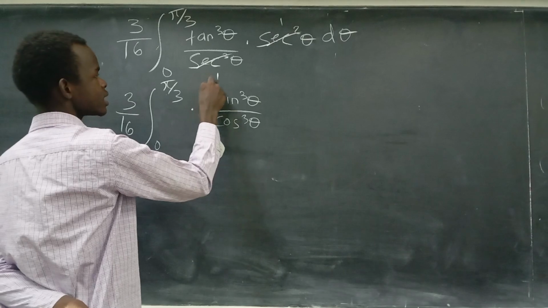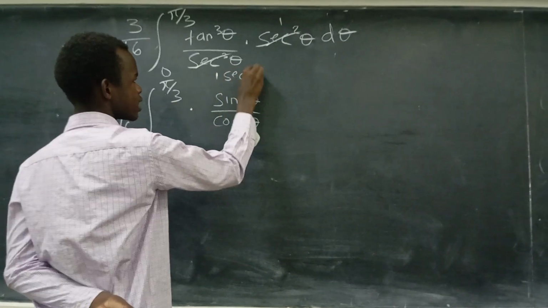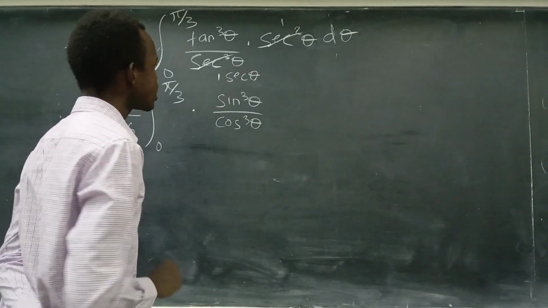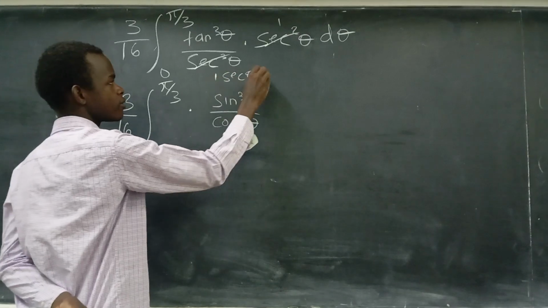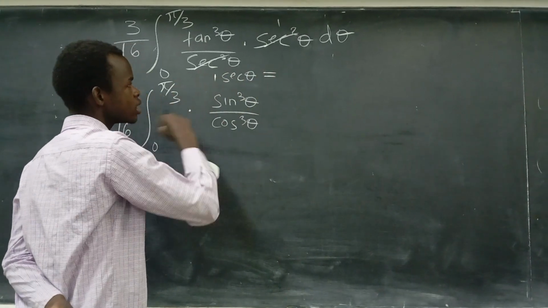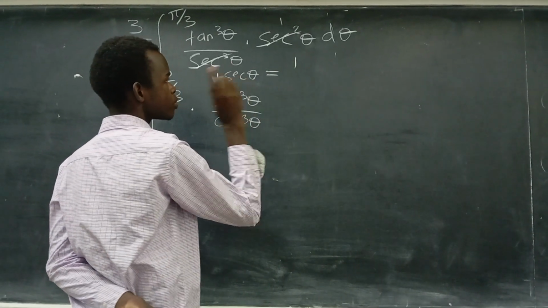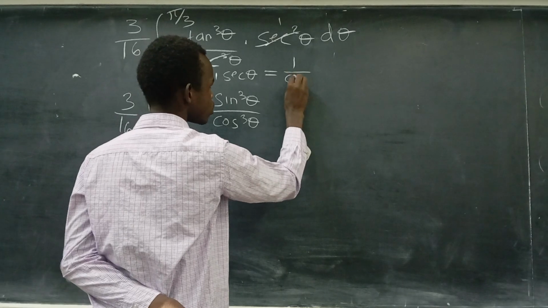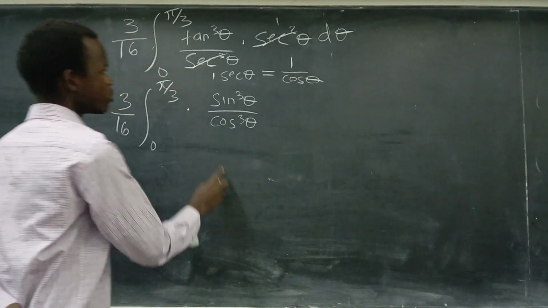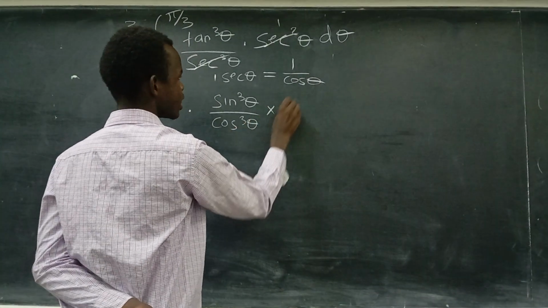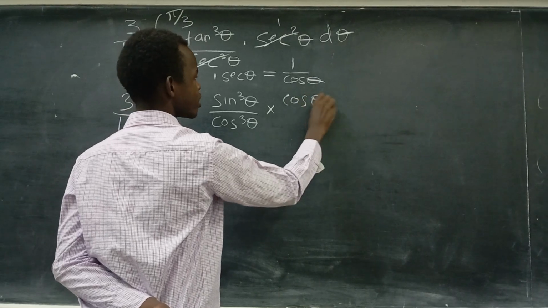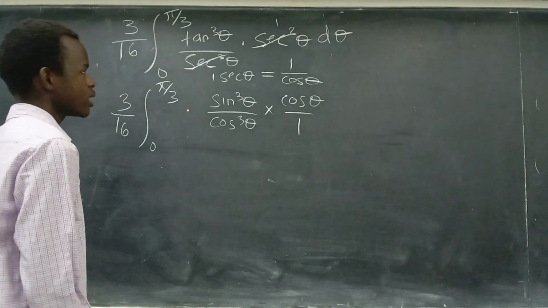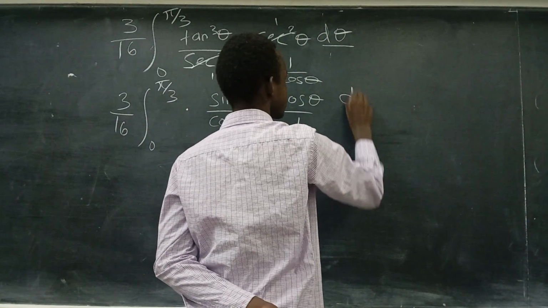But now there's a secant theta below the denominator. So what's my secant theta from the reciprocal identity? It is the same as 1 over cos of theta, right? So I'll be multiplying by my cos of theta divided by 1. Okay? Don't forget to place your d theta.